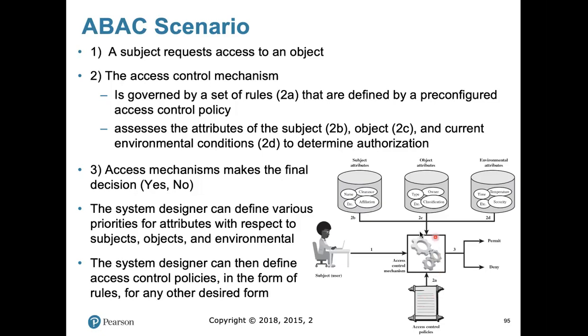But it is open to the system designer. The system designer can come up with different mechanisms or policies that will be used in order to process the rules and the attribute databases to make the final decision.